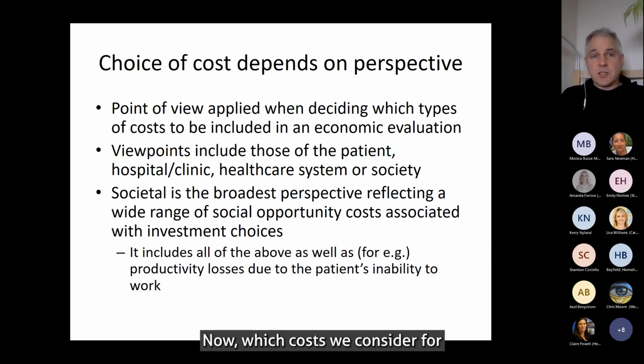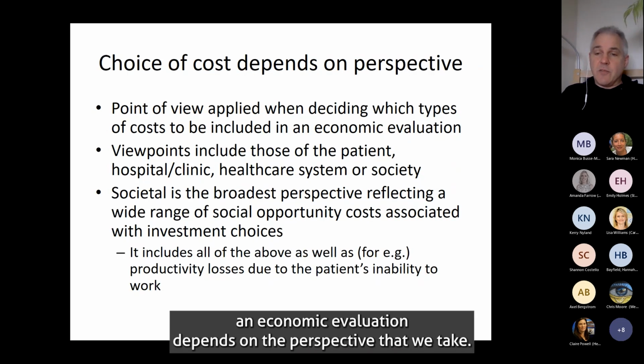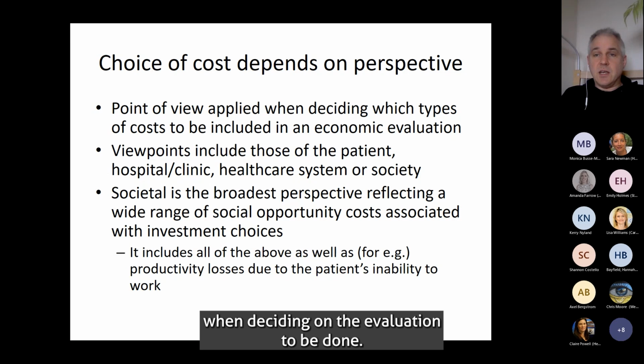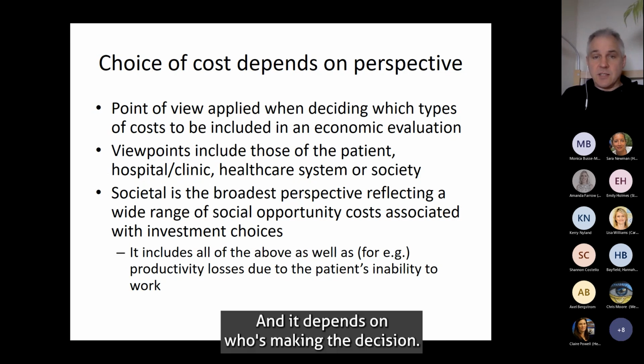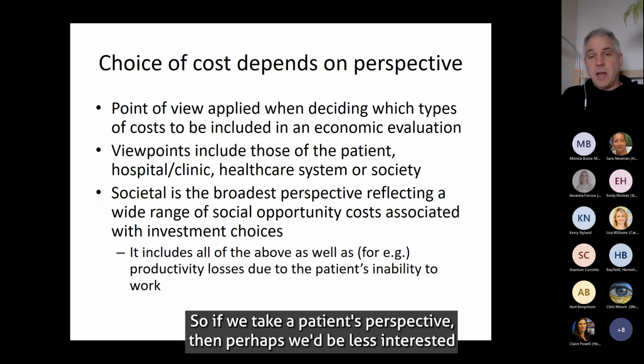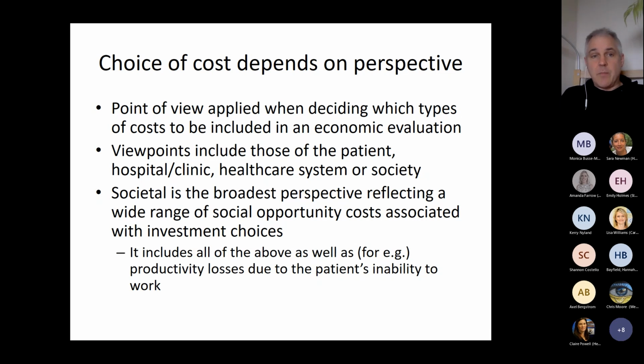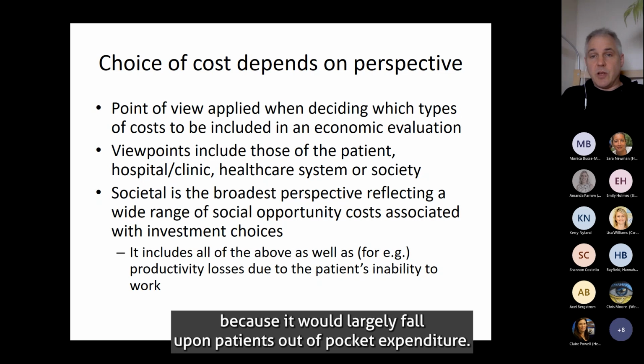Now, which costs we consider for an economic evaluation depends on the perspective that we take. And the perspective is the point of view applied when deciding on the evaluation to be done, and it depends on who's making the decision. So if we take a patient's perspective, then perhaps we'd be less interested in any costs incurred to the NHS or any costs incurred by government, because it would largely fall upon patients' out-of-pocket expenditure.